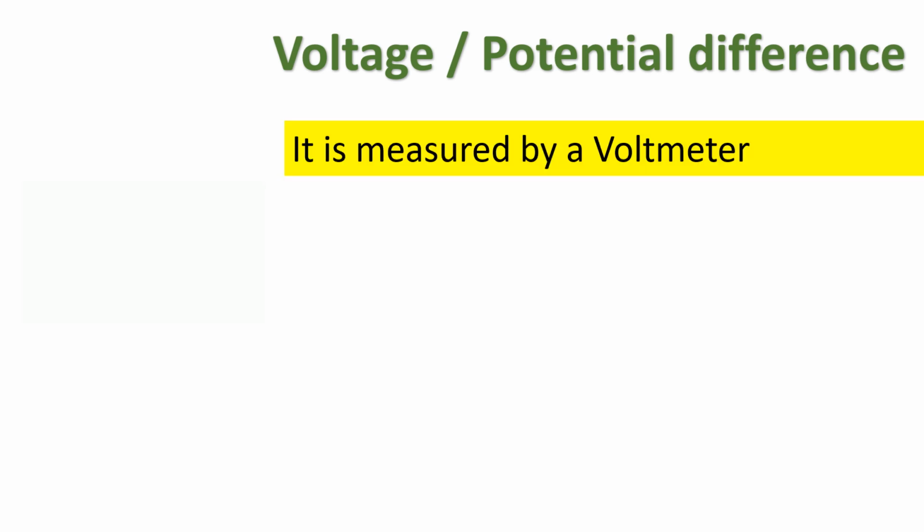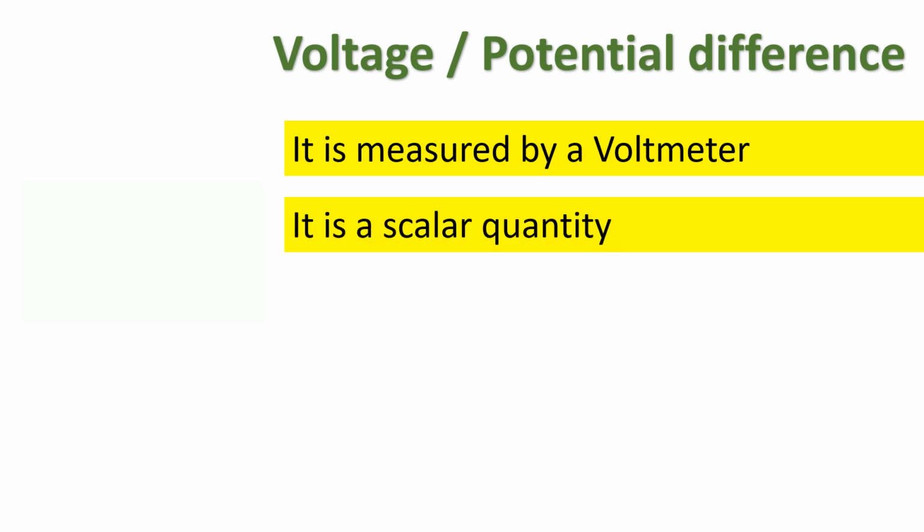So let us revise some of the key points on voltage or potential difference. Firstly, voltage is measured by the device called voltmeter. Secondly, it is a scalar quantity. You have learned a little bit about scalar and vector quantity. We can discuss more about it in detail in other videos. A scalar quantity is a quantity that has only magnitude, and a vector quantity has both magnitude and direction.